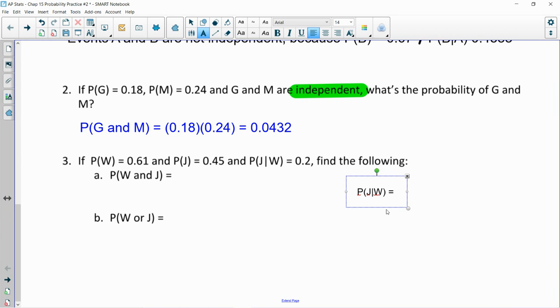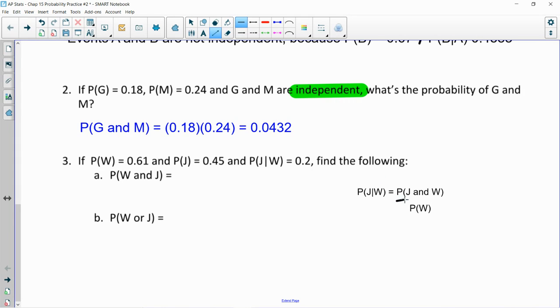On your formula sheet that you get for the AP exam, which I'm pretty sure I've given everyone a copy of, if not, very easy to find right on the College Board website, you will see that, and we've discussed this already, conditional probability is the probability of those two events happening simultaneously, which is an and probability, divided by the probability of the condition. And remember, the condition is what comes last in the conditional probability.